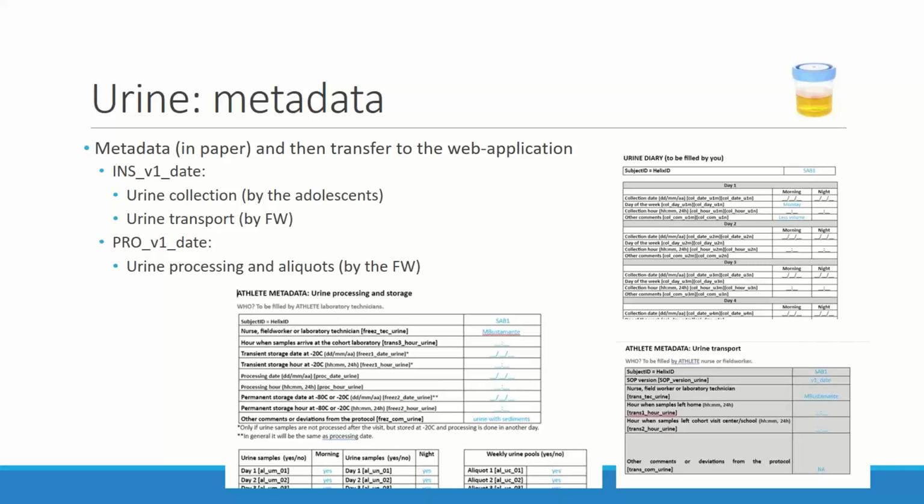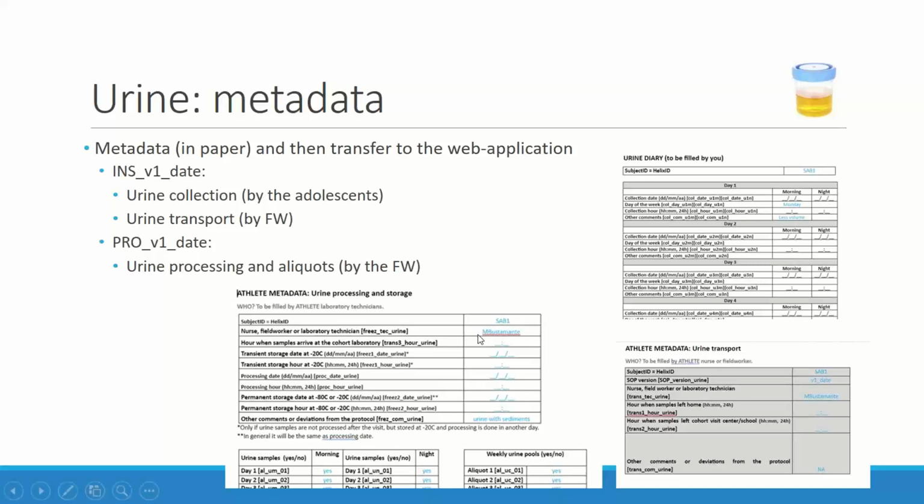If not, I also wanted to add two things. One is that each one of these forms has to be labeled, and we have decided to label them with the subject ID. That is the same as the HELIX ID, okay? And I will talk about the labels later. And the second thing is that usually for all the questionnaires, we ask who is the person who has collected the samples or processed the samples and is filling in this document.